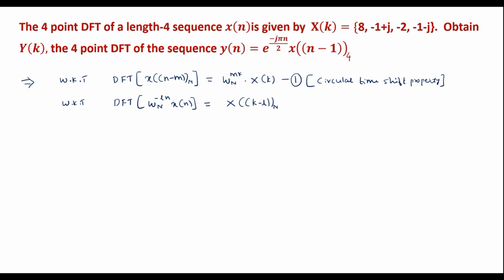We'll call it equation 2. This is known as the circular frequency shift property.